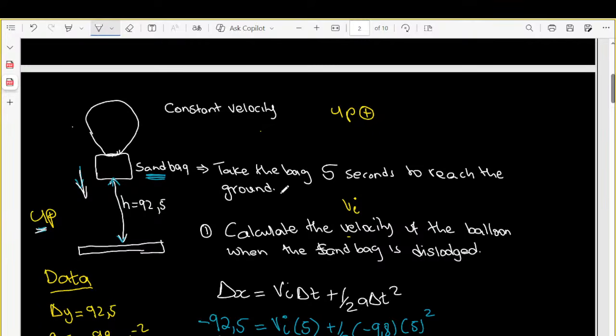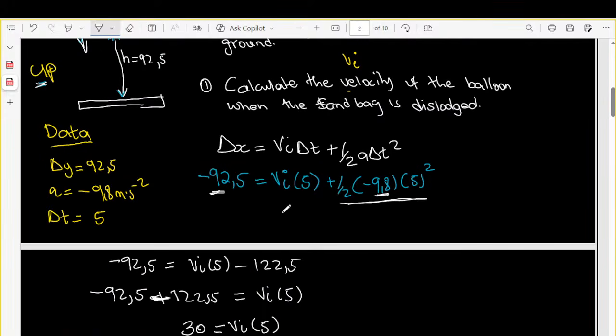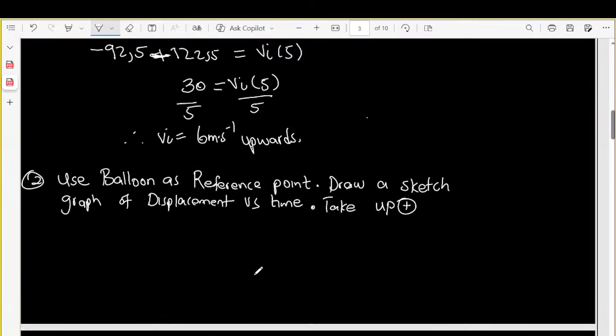So when the sandbag is dropped, they say use the balloon as the reference point, and they want you to draw a sketch of the graph of displacement versus time, taking up as positive.